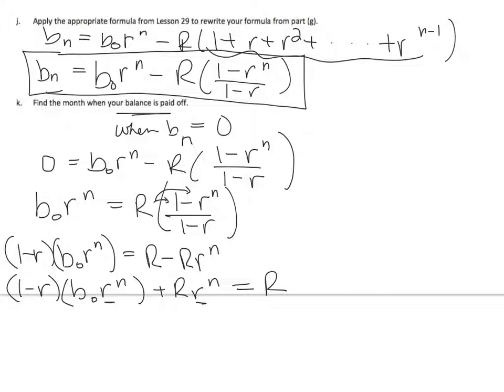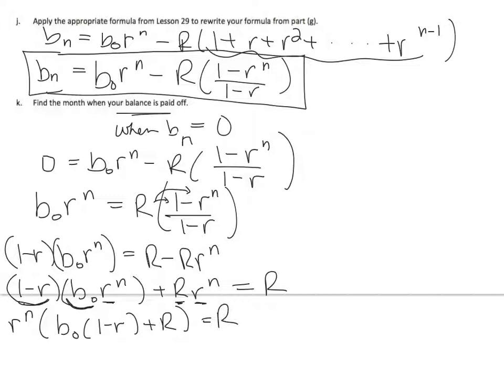So that gives me R^n times B sub 0 (1 minus R) plus r equals r. Okay, you see what I did? I factored this out, and I'm left with B sub 0 times (1 minus R) plus r.